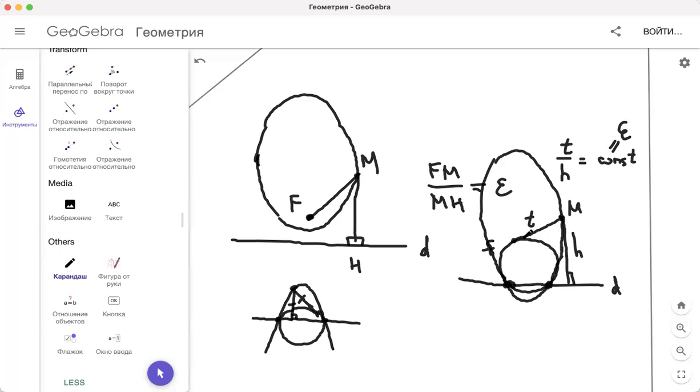And for other conics you have a constant ratio here.